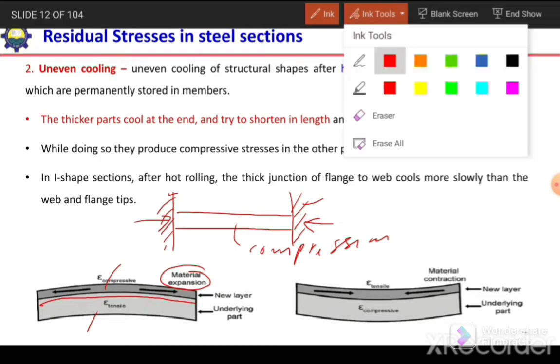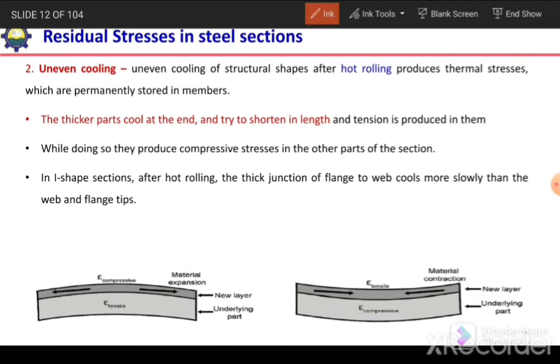When this layer is expanding, it will try to drag the bottom layer, which is attached to it. As a result, the bottom layer will undergo tension. So one layer is under compression while the other, adjacent layer is in tension.